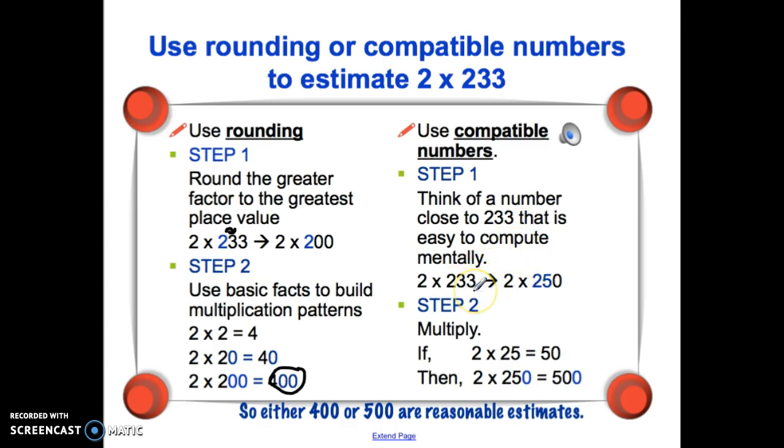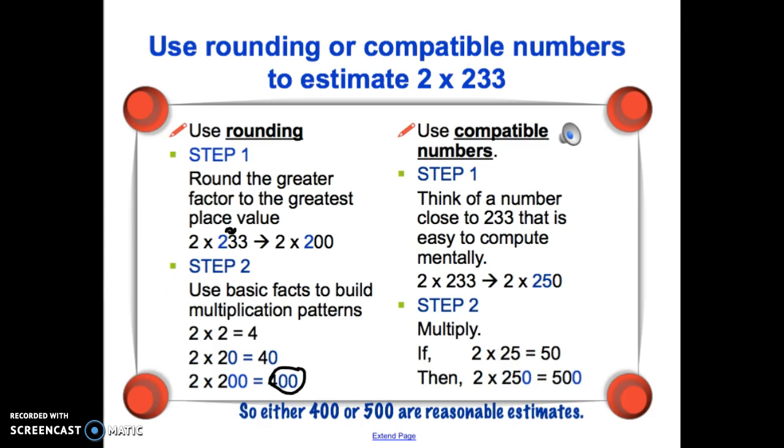So instead of 233, I'm going to make it 2 times 250, because it's easy for me to do 25 times 2. I just think of my money, my 2 quarters, and I'd get 50, right? 2 25s is 50, and I'd add that 0 on it, and I'd get 500. So either 400 or 500 are reasonable estimates to the answer, okay?